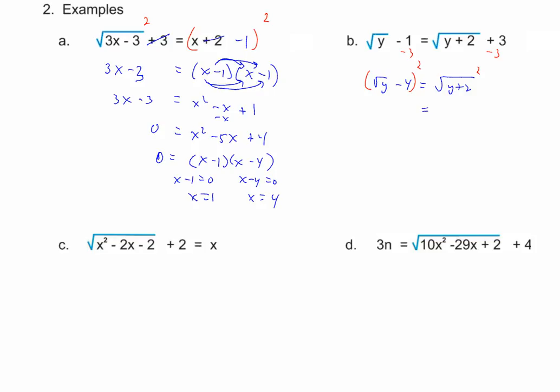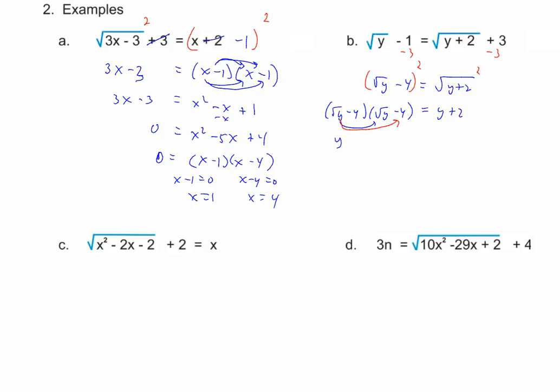So the right's easy, that's y plus 2. But again, on the left, you get 2 binomials, and that's not a difference of 2 squares, right? So, square root of y times square root of y is y. But look, notice what's going to happen on the outers.